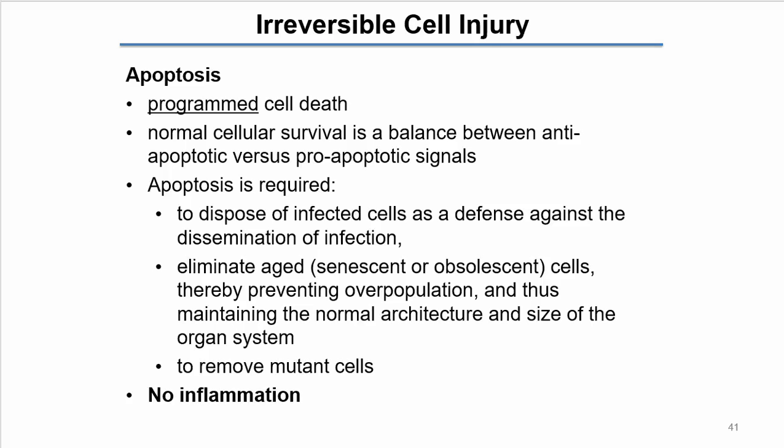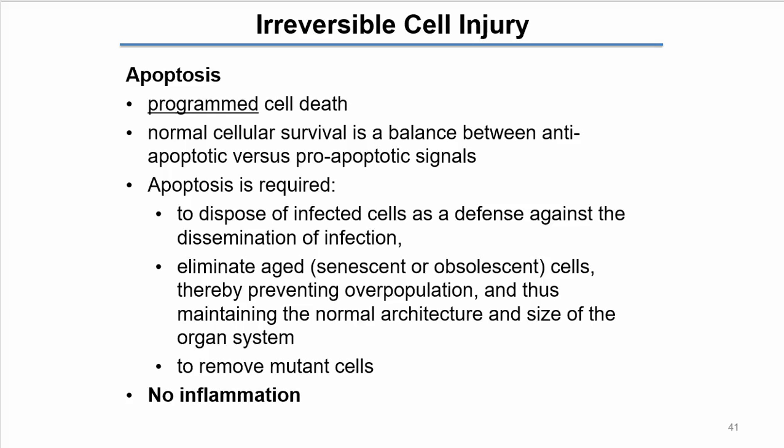In normal, healthy, living young tissue, the anti-apoptotic signals predominate. As tissue is damaged or ages, or as the cells age, they stop responding to the anti-apoptotic signals, and the pro-apoptotic signals start to predominate. And when that happens, the cell dies.